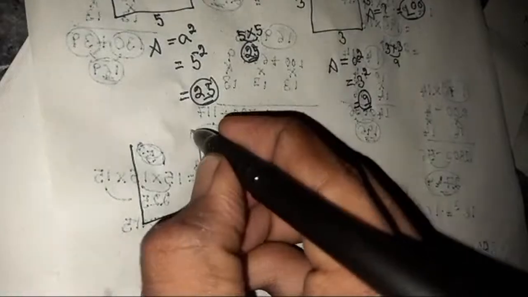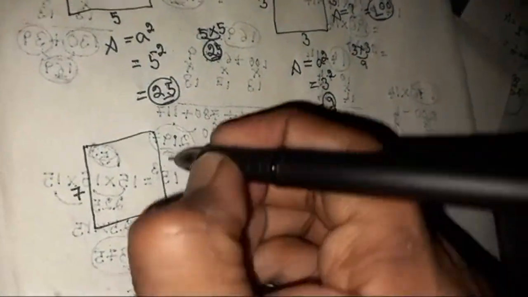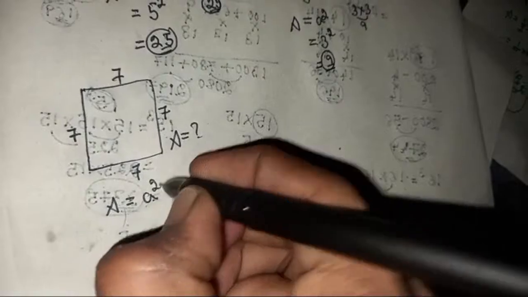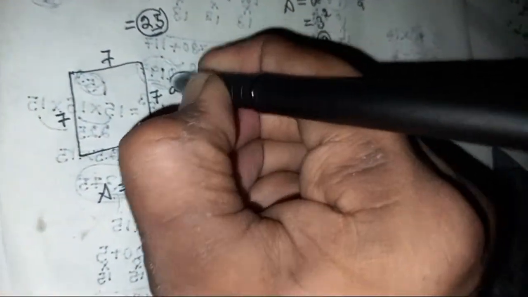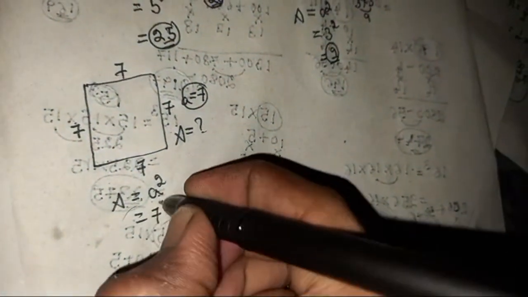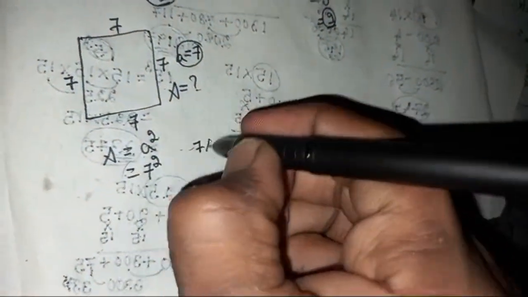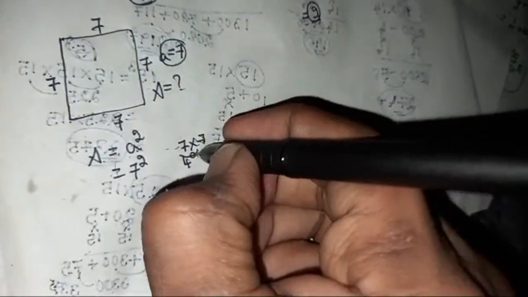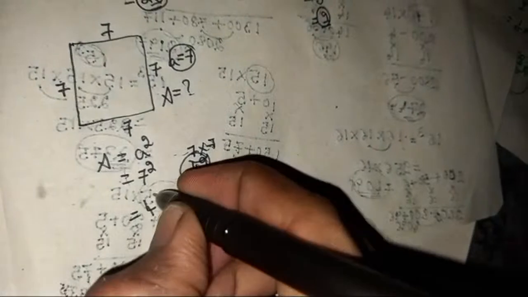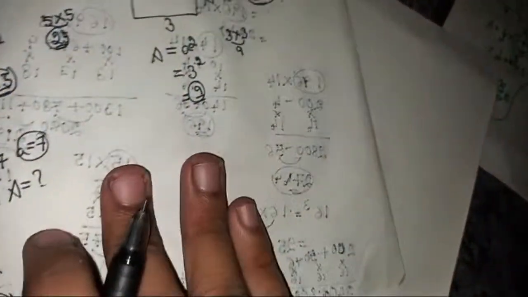Here they have given all sides equal to 7 units. We can find out the area. Area is a square, area is 7 square. 7 times 7 is 49. It is 49 square units.